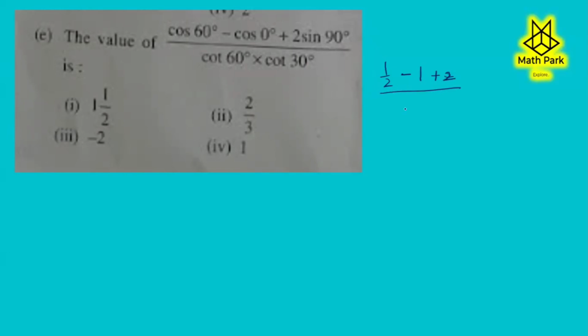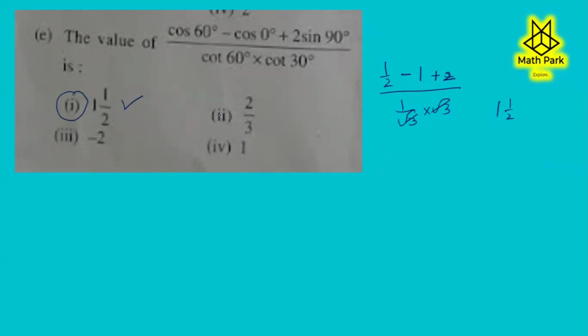Upon cot of 60, which is 1 upon root 3, and cot of 30 is root 3. So the denominator has become 1. So here 2 minus 1 is going to be 1, and plus this half. So 1 and a half is the correct option.